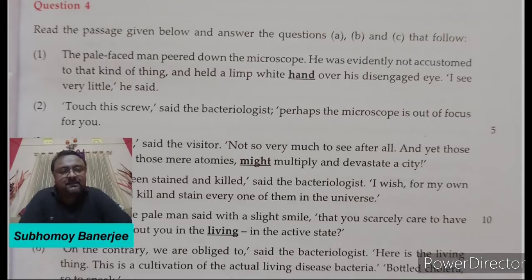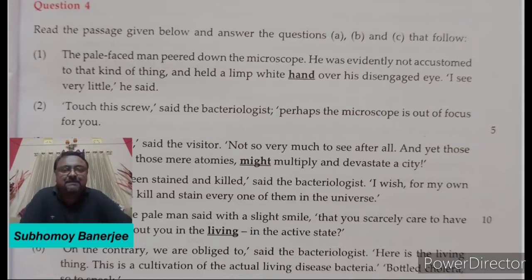Let this be very clear that these words in bold letters have more than one meaning. One meaning has been used here. The other meaning is for you to think and then make a sentence using that meaning, but this same word. So we'll come to that later on.